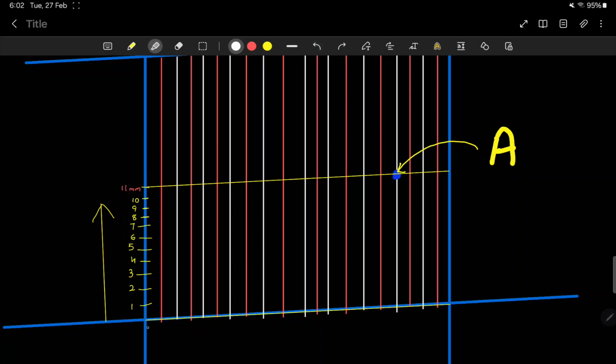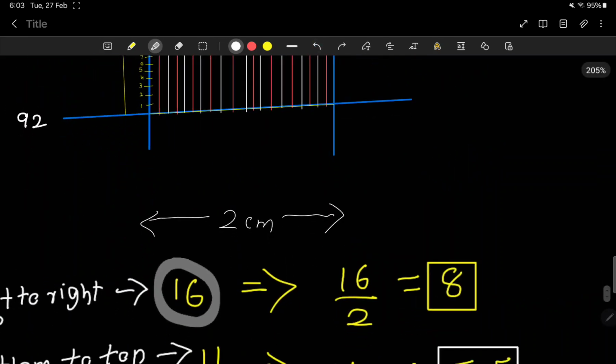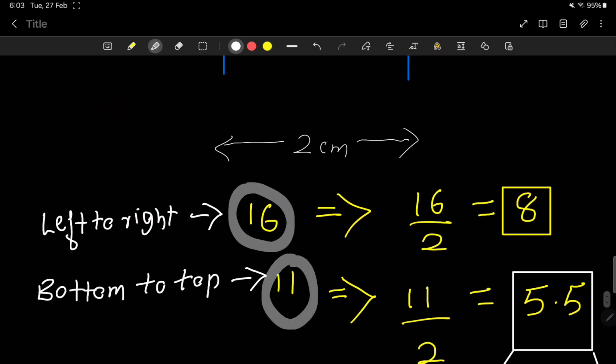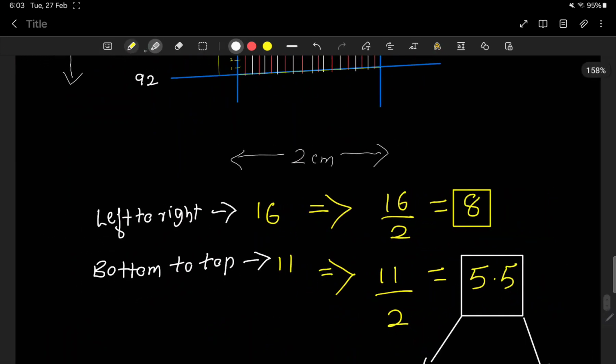So point A with reference to this line is 11 mm away. We have written this 11 mm here; this 16 is also in mm and this 11 is also in mm.